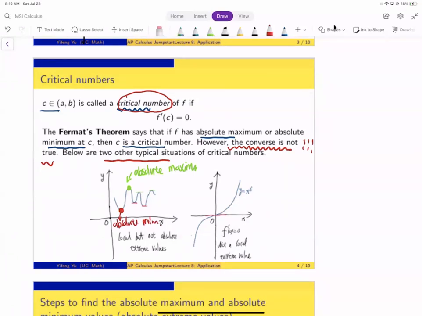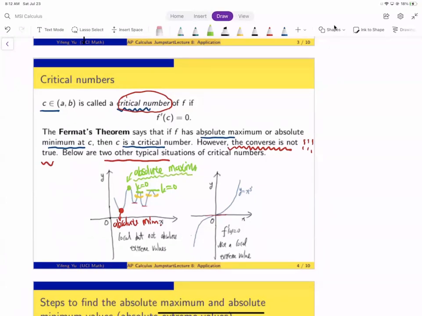However, if you look at the graph, you see some other points where the slope is also 0, so the derivative is 0. But those points are called local maximum because locally it is greater than points near it. It's not the absolute maximum, because the absolute maximum is the global maximum, which is right here.